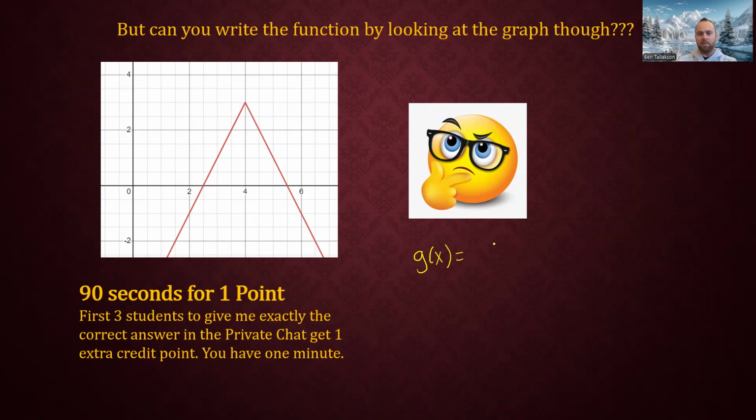We know we're going to have an absolute value sign because we see that V. But what else is happening? Well, test yourself, pause this, and then check it. Upside down, so obviously negative. x inside, always. What is h and what is v?